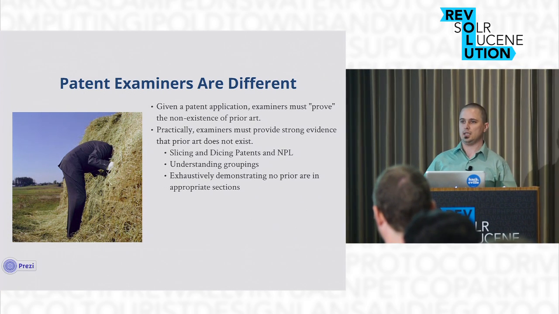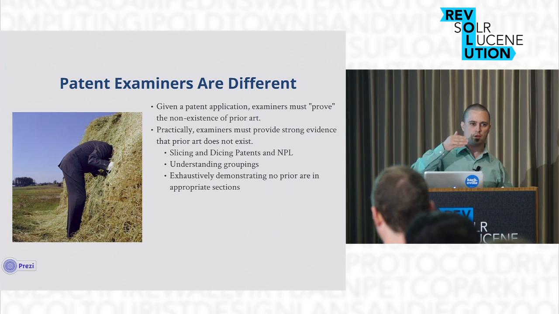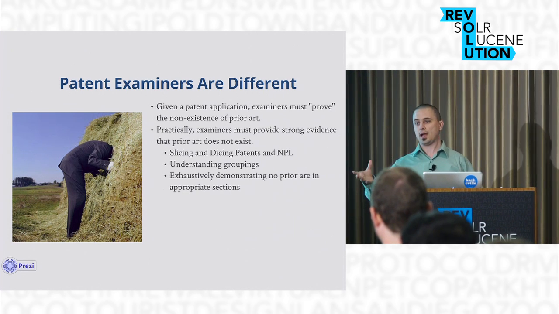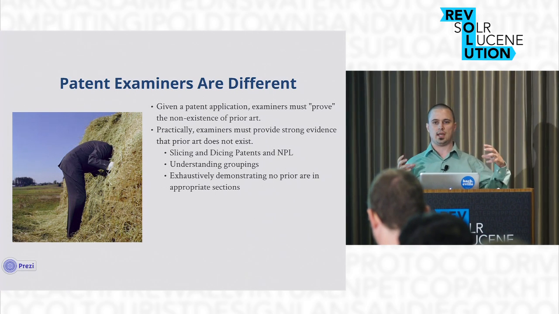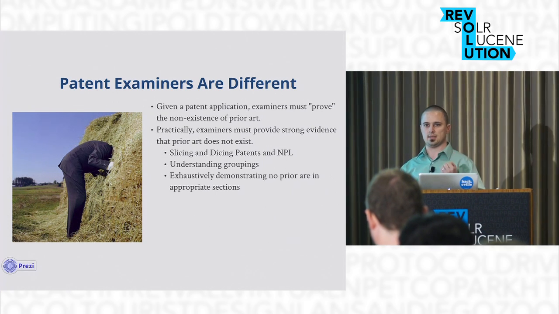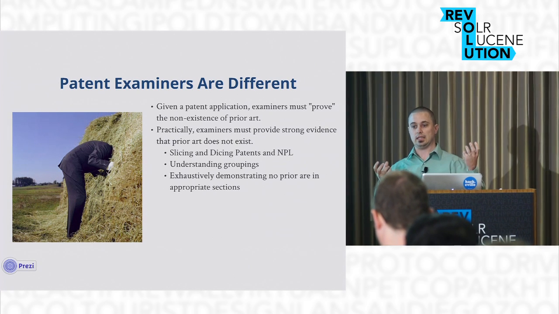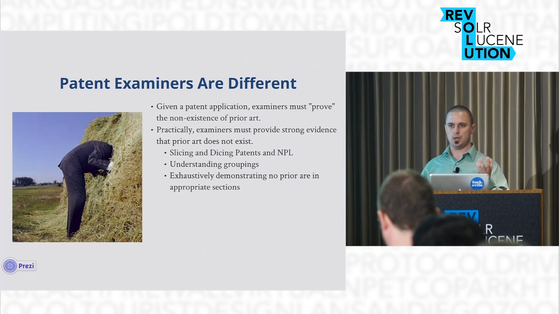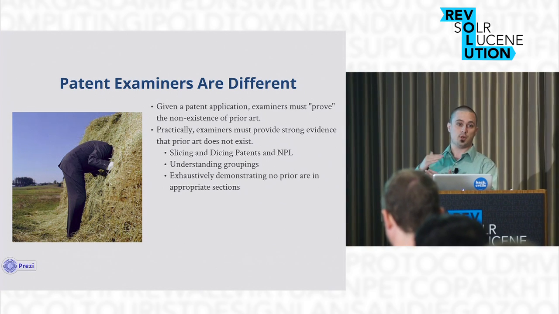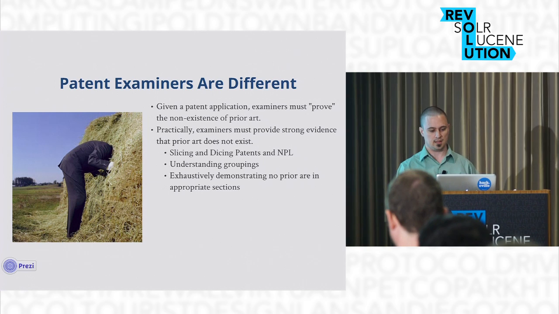Now, obviously, you can't really prove that without going through every single document. So practically what this means is that an examiner understands the data set, knows how to slice and dice it, pulls apart the likely locations for a patent application to be related to, and then goes pretty much exhaustively through all the documents in that set.